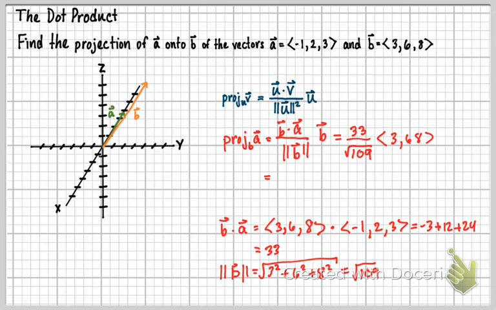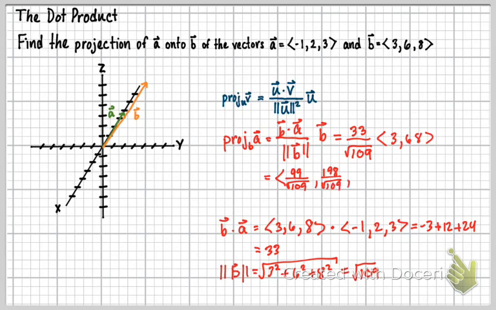So for the first one, we would get 99 over square root of 109. The second one, we would get 198 over square root of 109.